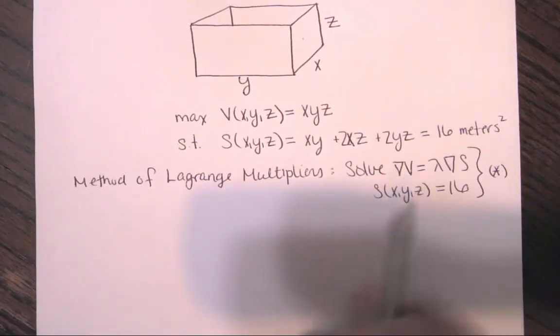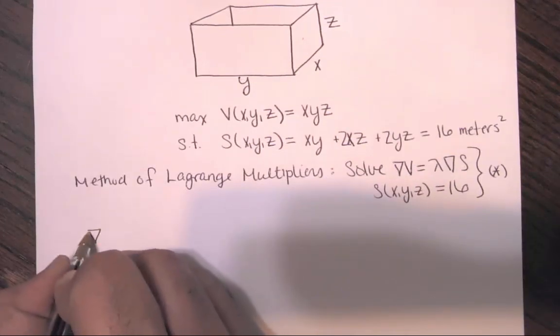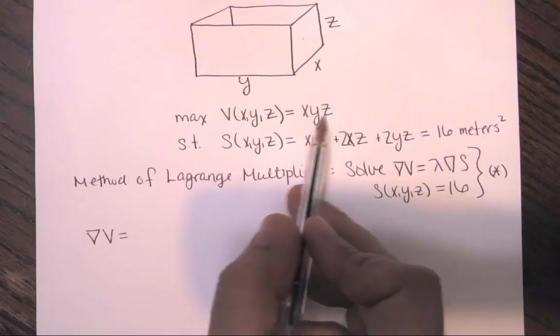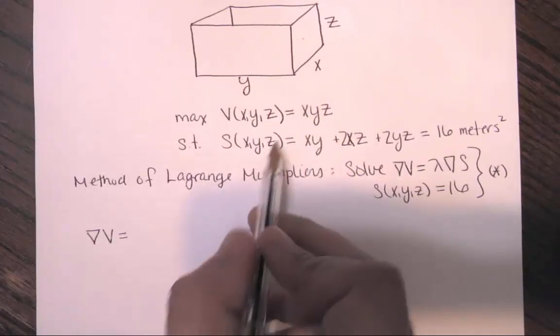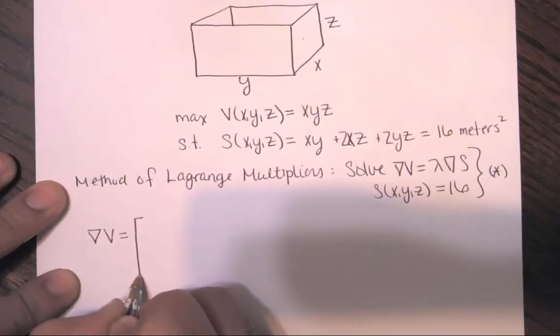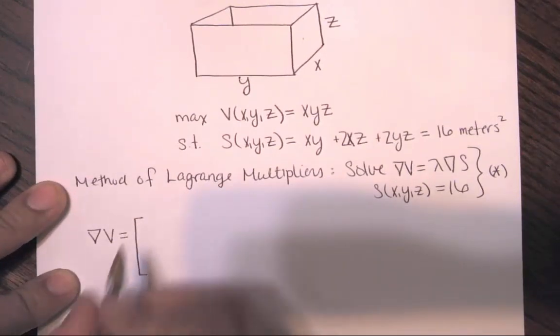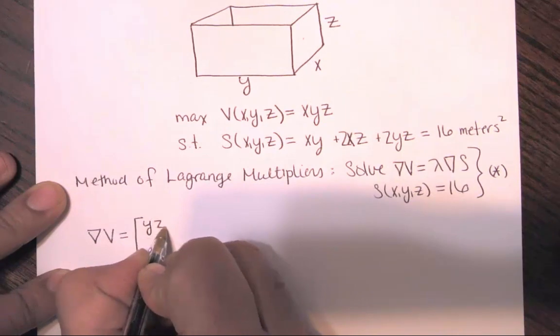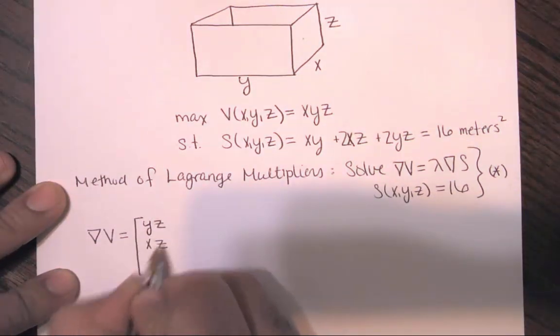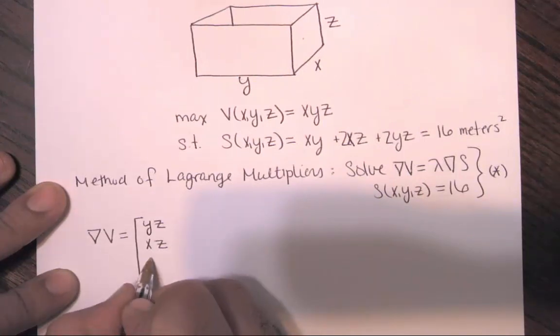Well, first I need to compute the gradient of v. All right, well here's v, so I need to take the derivative with respect to x, then y, then z. That'll give me yz, xz, and then xy.